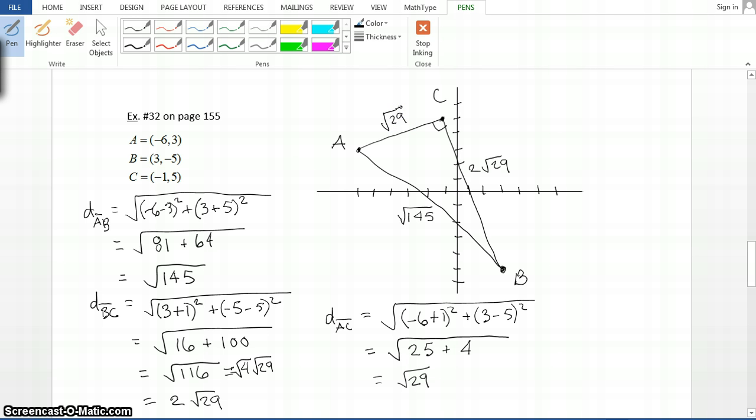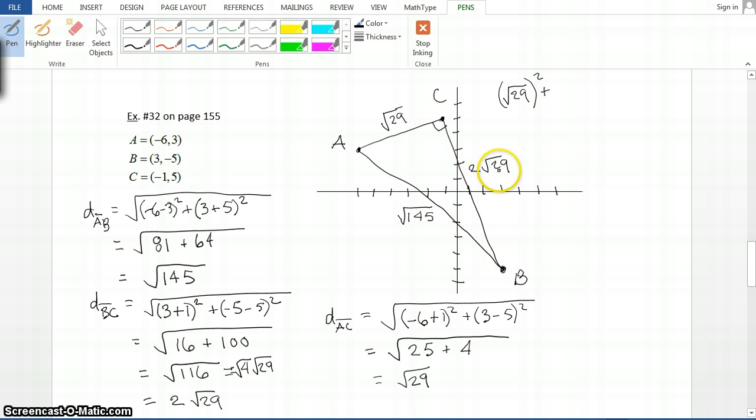Alright, so I have the lengths of all of these sides. So what I want to do now is try to verify the Pythagorean theorem. Let me try and do it up here, because I don't want to scroll down and miss all this. So let's take this side right here, the square root of 29. Again, you have to square that, plus this other leg over here.